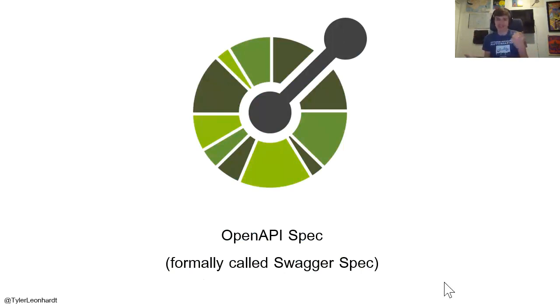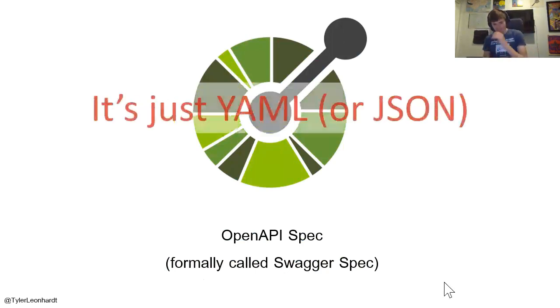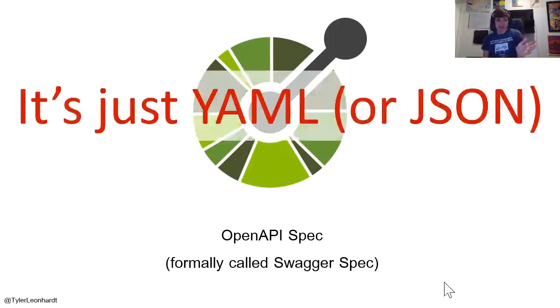This defines stuff like all of your routes, and also every input to the route, every output of the route, and all of that fun stuff. Really, at the end of the day, it's just YAML or JSON, your pick, whichever you prefer. It sounds scary, this specification, but it's really quite simple. So let's go ahead and look at an example.